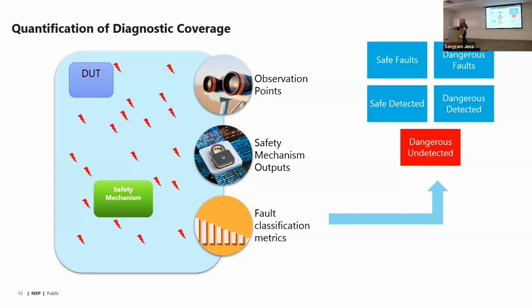Generally, this is done at IP level or subsystem level, very challenging to do at SOC level. Even at IP level, it's a problem because it takes a huge amount of time. One of the problems that we have here is this is not a short-term kind of activity. Also, even if you implement it, you need to make sure that you implemented it at the gate level, because the data that you are going to generate out of this will be accepted by the assessor or the auditor only if it is gate level data.